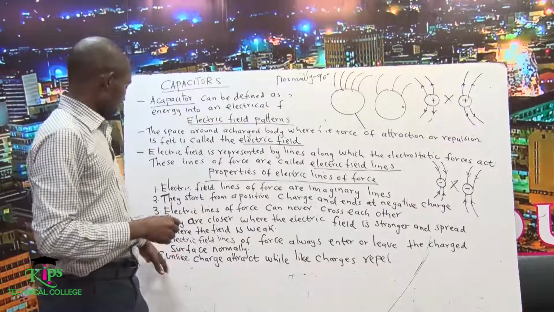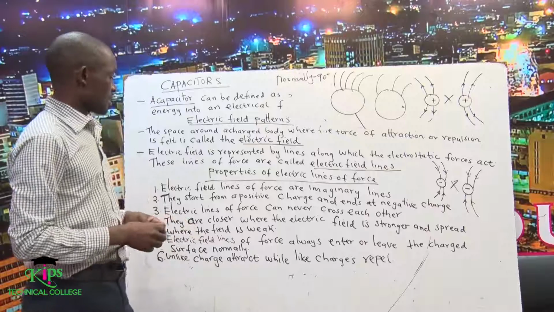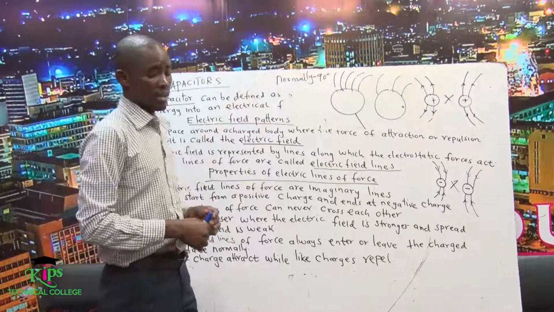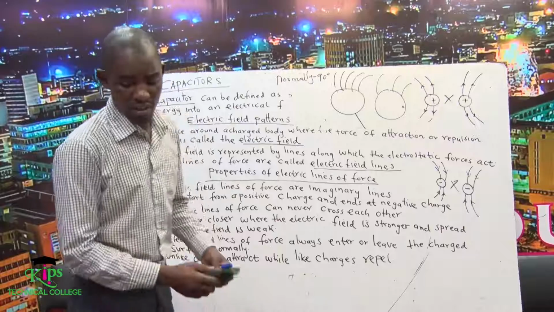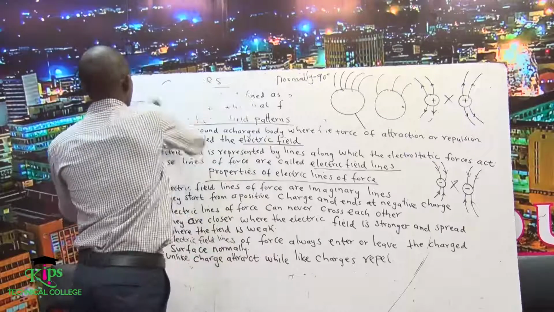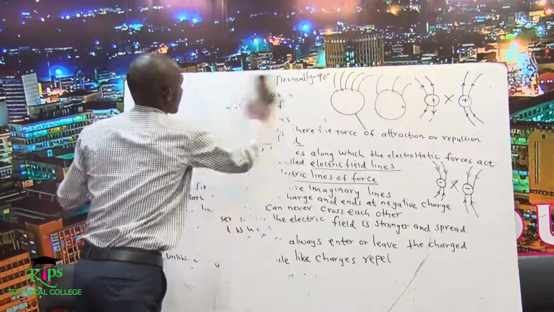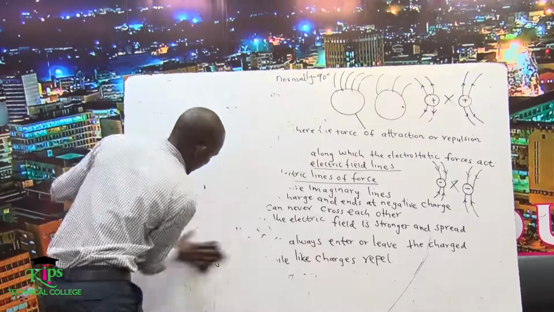The last point is, unlike charges attract, while like charges repel. I think we have explained that point. We now want to look into electric field strength.